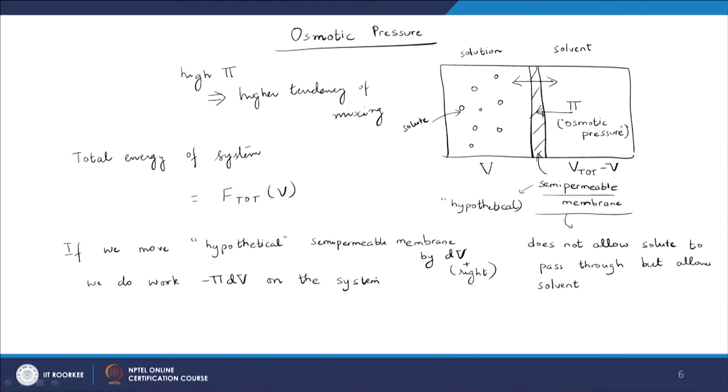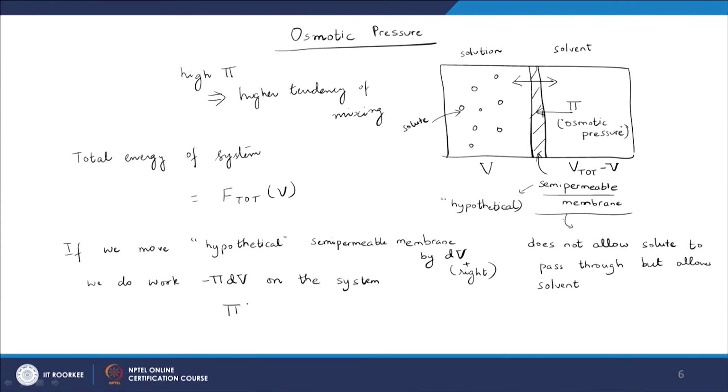If we think of work done by the system, it is pi multiplied by dV. So, then pi should be equal to minus dou F dot by dou V, because the change in the free energy is the work done.